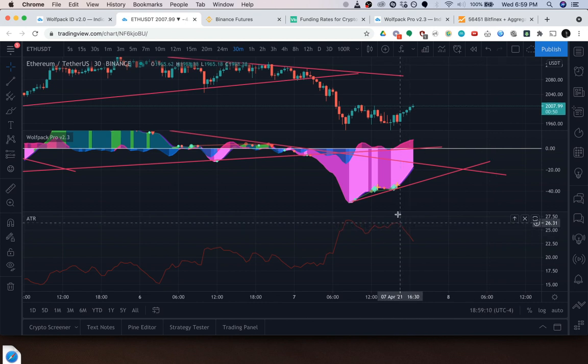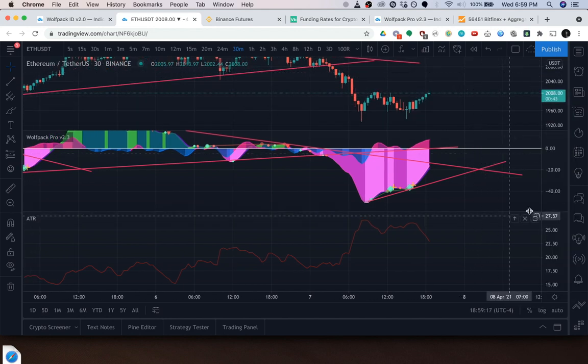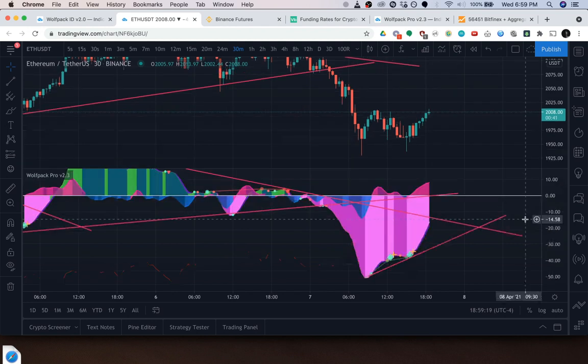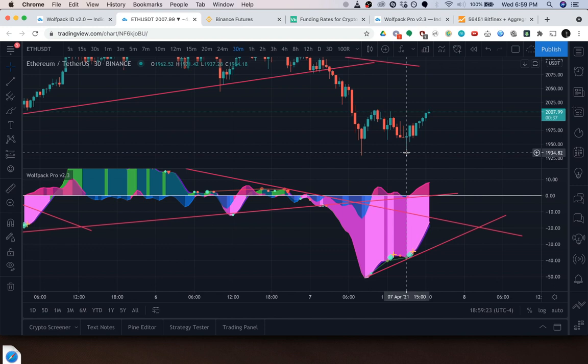So we would take the last swing low and we would minus 26 from it. So that's 1 ATR. So here's the swing low and the wick, 1,934, and we would minus 26 from it, and our stop loss would be somewhere around here.